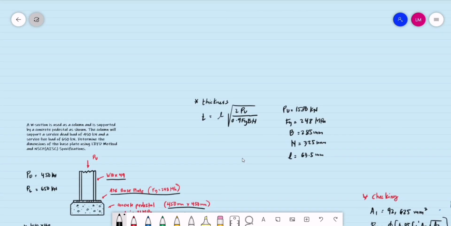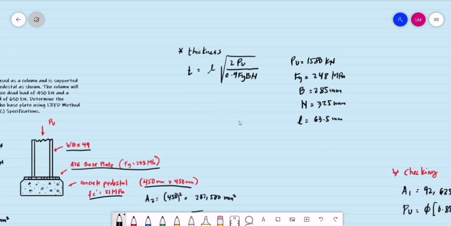Okay, so all we have to do is now substitute to this equation for us to compute the required thickness. So we have 63.5 millimeters, the square root of 2 times 1,580. We convert this to newtons, so multiplied by 1,000 newtons. Then divided by 0.9.